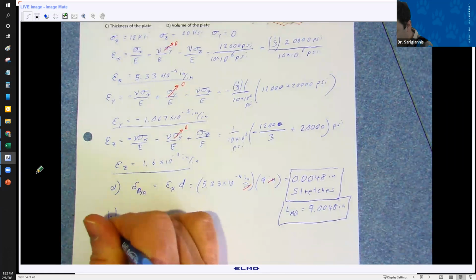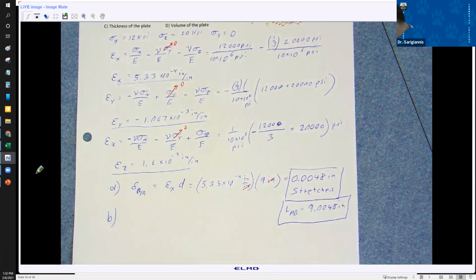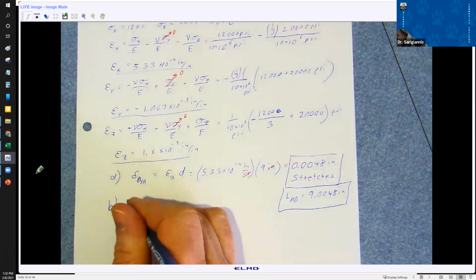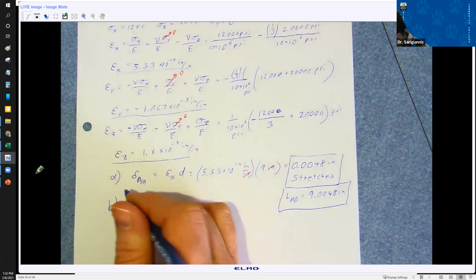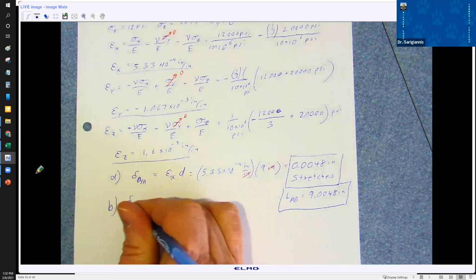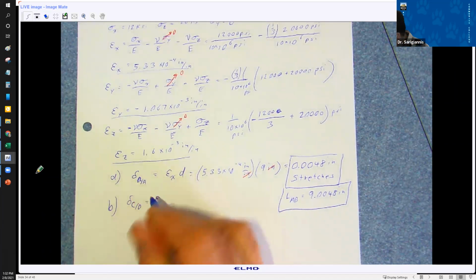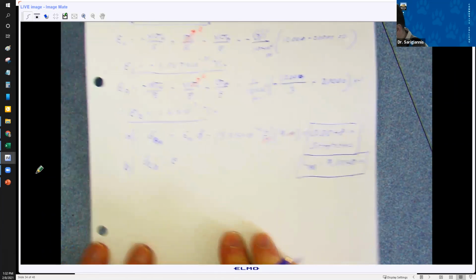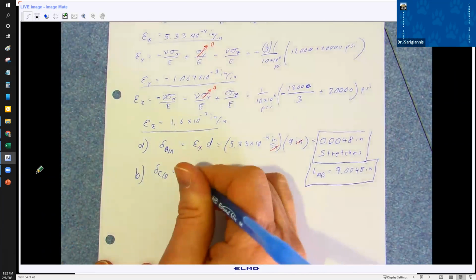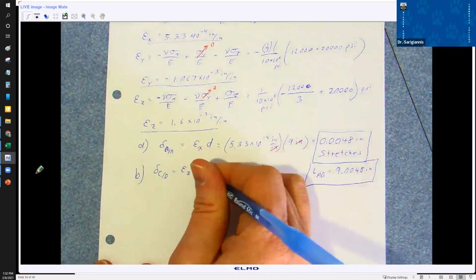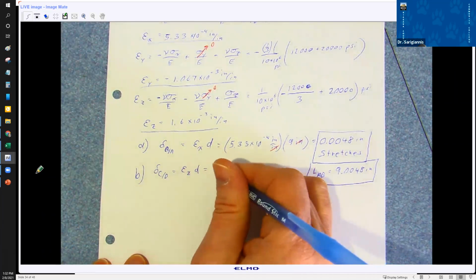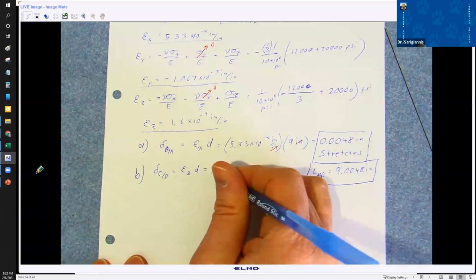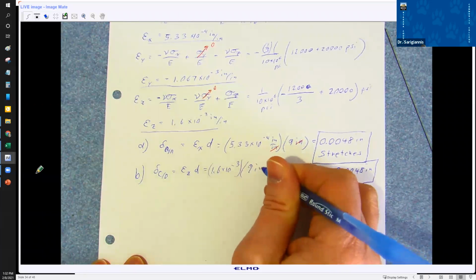For part B, I can fit this on one page. Part B is asking, what's the length of diameter CD? Well, we do the same thing, except now CD is in the Z direction, so we're going to use our Z strain. Epsilon Z times diameter is 1.6 times 10 to the minus third times the 9 inches.